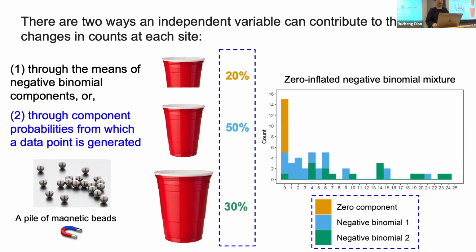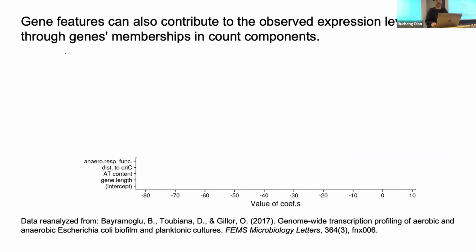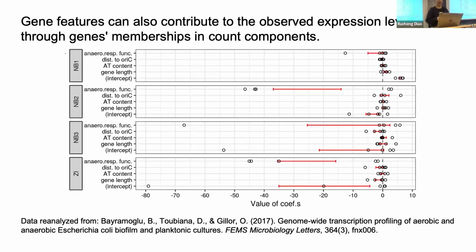So with this second method, where the independent variable can affect the gene expression counts, we can fit these variables to the component assignment probabilities. And again, we look at the value of the coefficients, and this time we also have the zero-inflated component here.